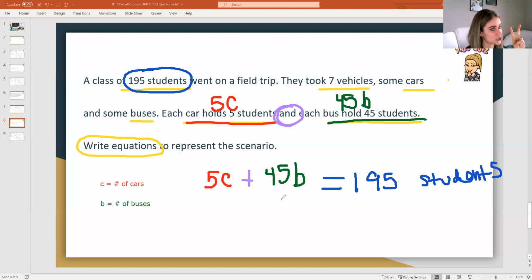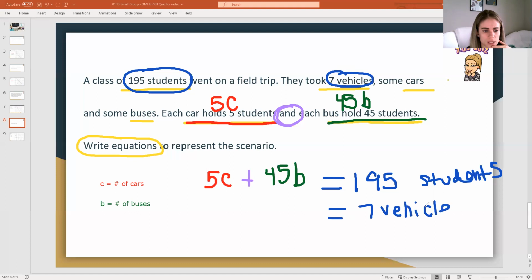Now let's do equation number 2. My other total is that we have 7 vehicles. Well, what is it that adds up to the 7 vehicles? The number of cars and the number of buses, which, if we look at what we labeled, is my variables.